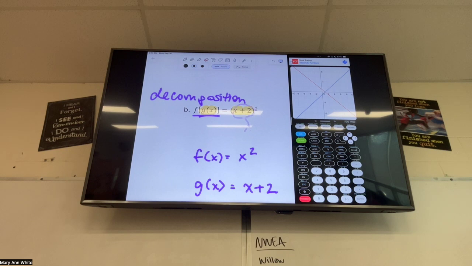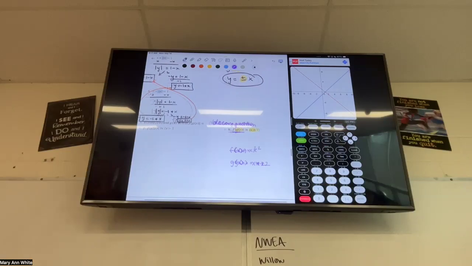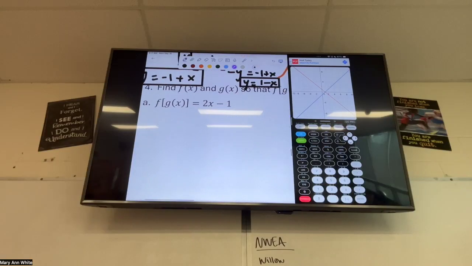Like we only wrote an X squared. Yeah, that's not correct notation. If I go with the other one, I don't think this is very clear what's my inside and what's my outside, so let me change it for you. What if I write something like this? If I write something like that instead.